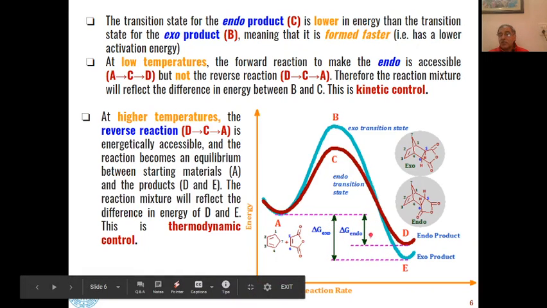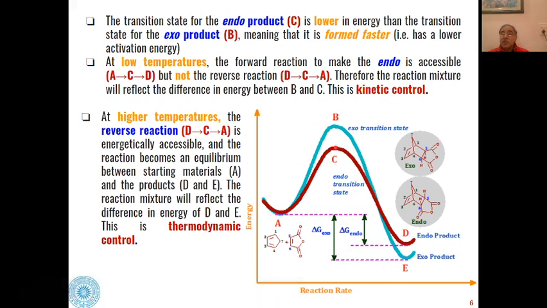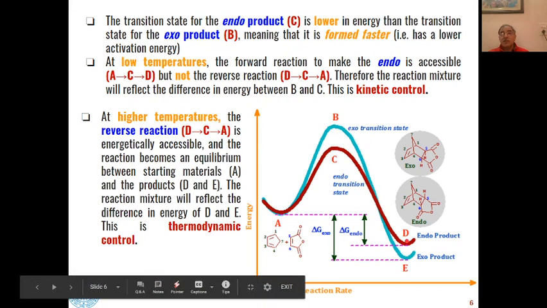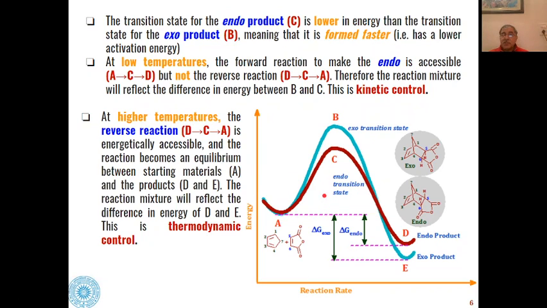The more stable product is the exo product because of the energy difference between the reactant and the product. Here the endo product is less stable as compared to the exo product, but because at low temperature the activation energy to form this exo transition state cannot be achieved, the reaction will follow the ACD path, that is, the endo transition state will be formed. But when the temperature is high, the reverse reaction is also accessible.